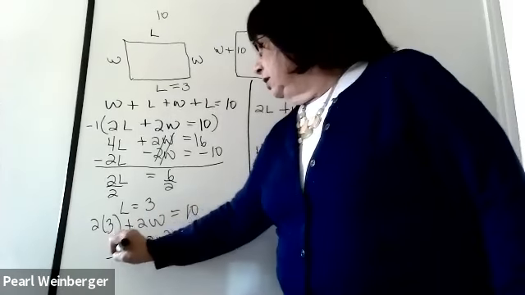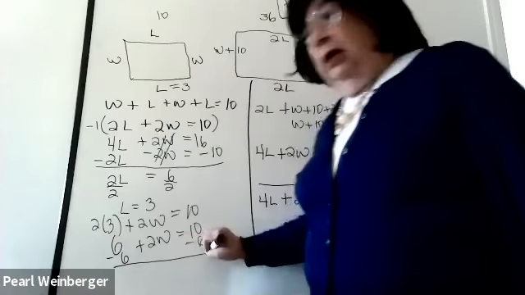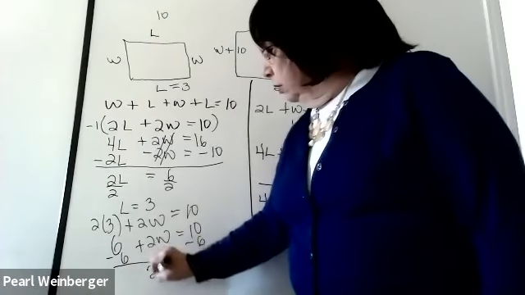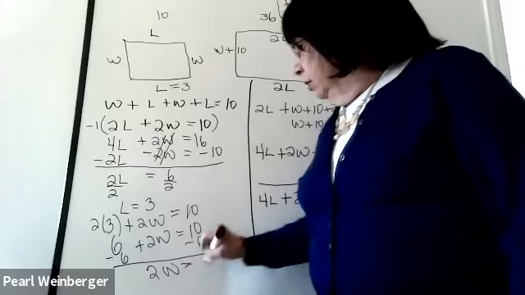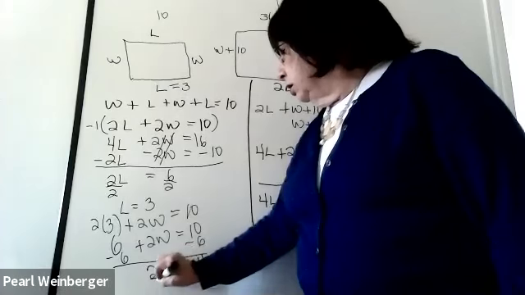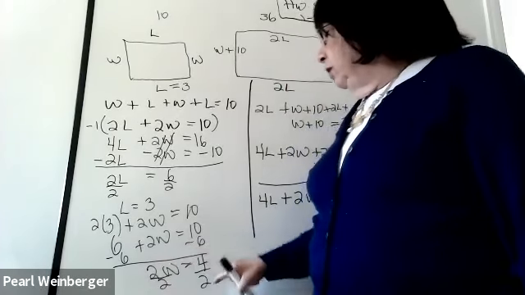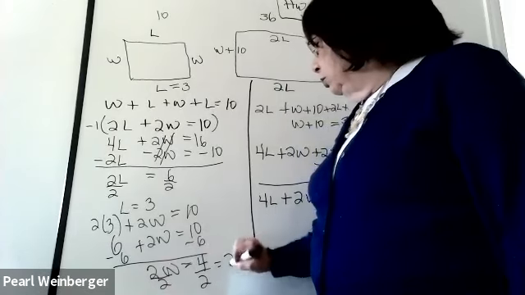I'll subtract the 6 from both sides, which will give me 2W equals 10 minus 6, which is 4. And that gives me W is 4 divided by 2, which is 2.